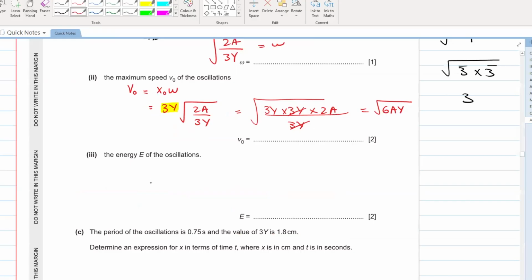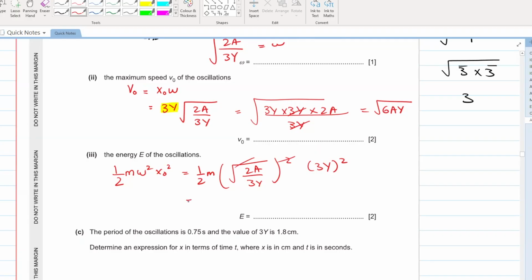Now you have to calculate the energy of the oscillation. What is the kinetic energy or the total energy of the oscillation? 1 upon 2 m w square x naught square. We will keep m like that. Perfect. What is w square? W square is equal to under root 2a divided by 3y whole square. What is x naught? x naught is 3y whole square. This gets cancelled out. Perfect.